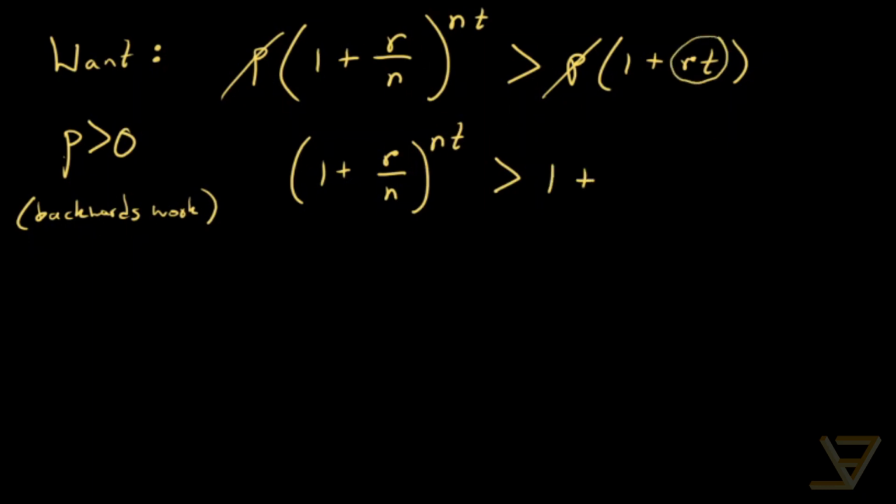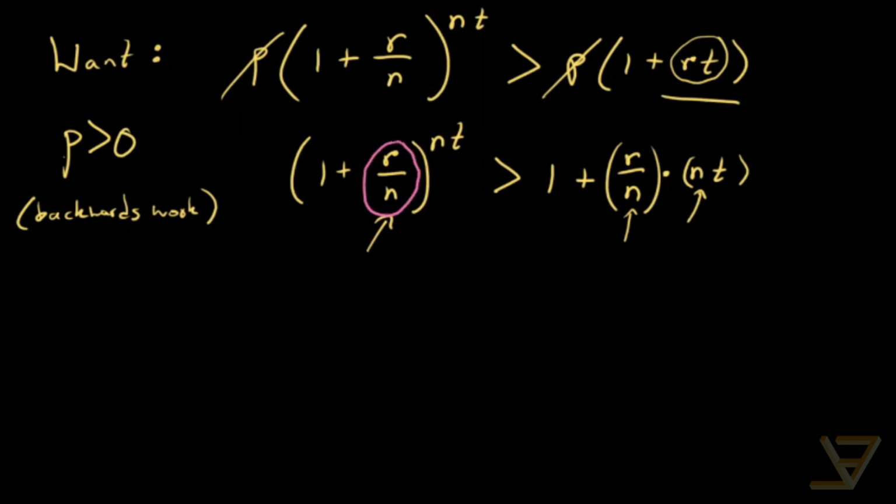We get 1 plus r over n to mimic what we have here times nt. So the two n's cancel out and we still have rt. So it looks like we have a couple of block variables here. We've got r over n and we've got nt.